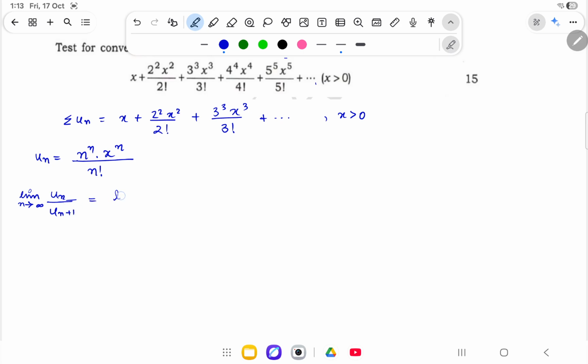So this limit will be limit n approaches infinity n raised n times x raised n divided by n factorial, multiplied by 1 divided by n plus 1 raised n plus 1 times x raised n plus 1 divided by n plus 1 factorial.